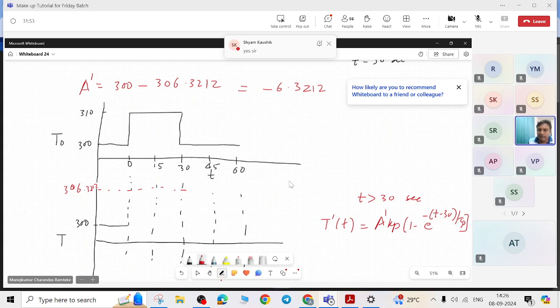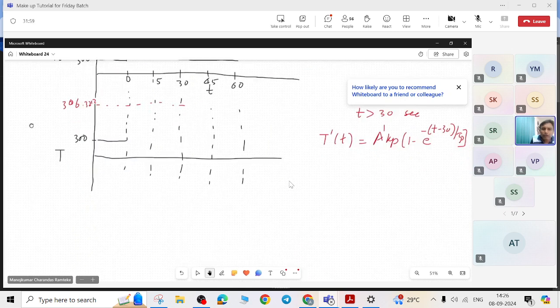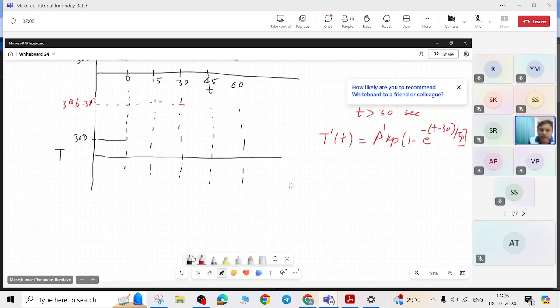So now with this expression, let us calculate the value of T at 45. We wanted to find out T dash of t at t equals 15 seconds.